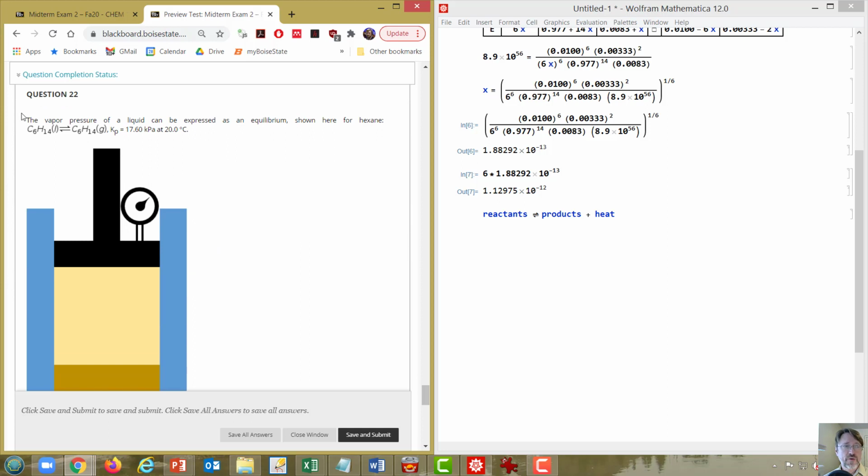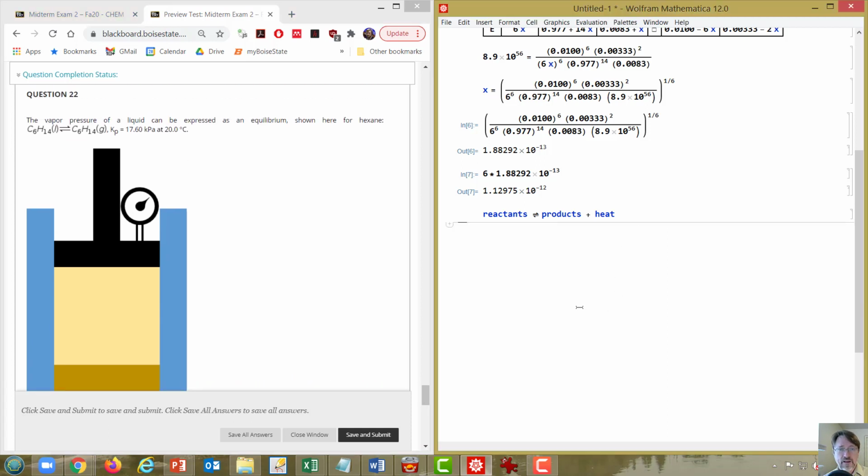Okay. Question 22. The vapor pressure of a liquid can be expressed as an equilibrium, shown here for hexane. C6H14 liquid is in equilibrium with C6H14 gas, and we have a pressure-based equilibrium constant of 17.6 kilopascals. So given this, let's write down what our equilibrium constant expression is.